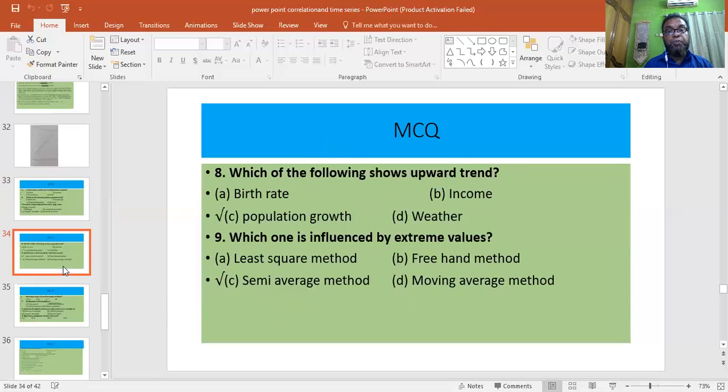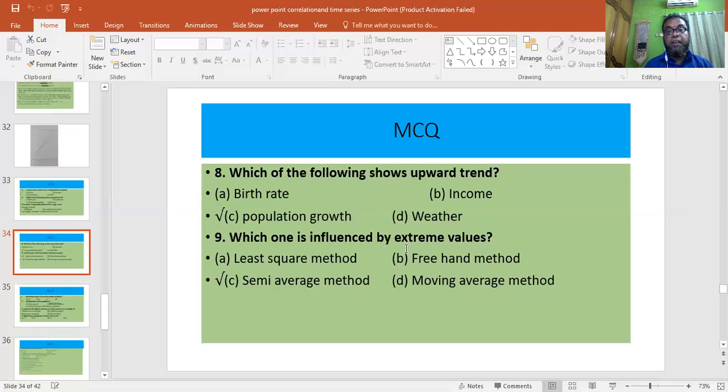Number 8, which of the following shows upward trend? Birth rate, income, population growth, weather. Population growth. Number 9, which one is influenced by extreme values? Very important. You know the extreme values are very large or very small.